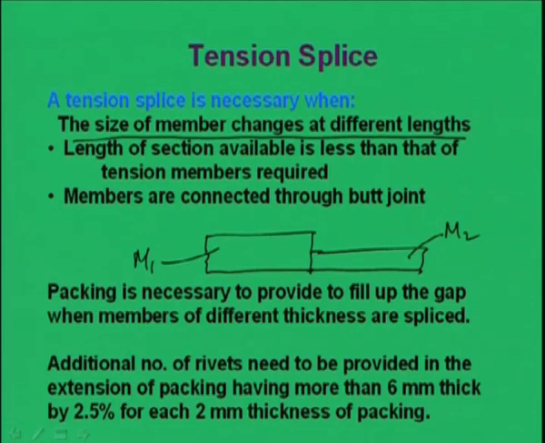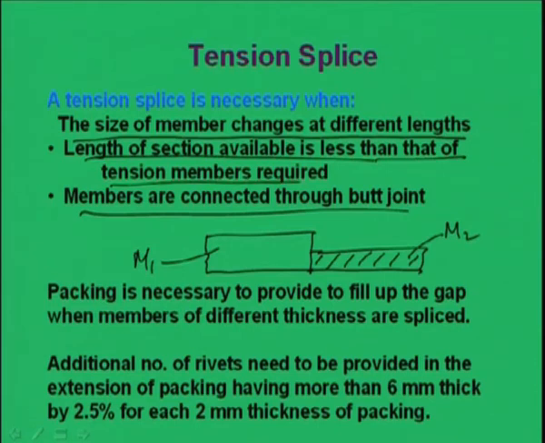Okay. Now, here we need some tension splice. Another case is when members are connected through butt joint; even if the thickness of the member is the same, it is required if it is a butt joint, and when the length of section available is less than that of the tension member required.